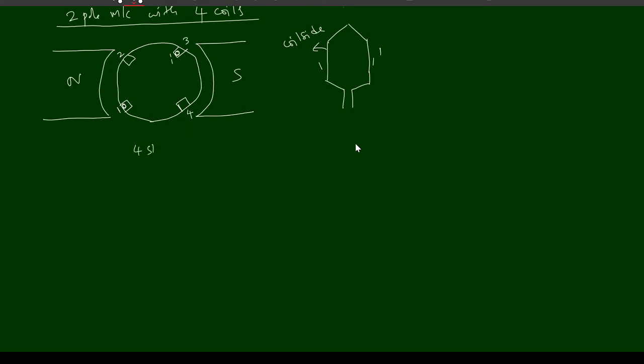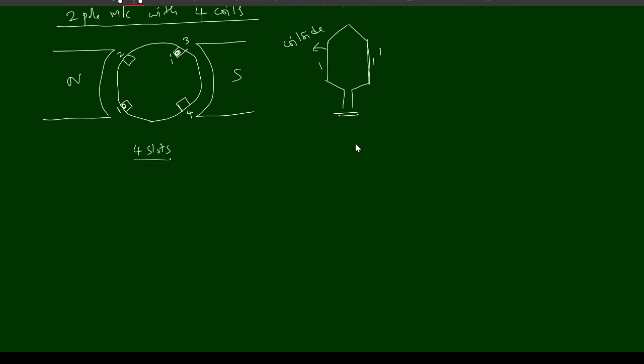So I am placing coil side 1 in the first slot, and 1 dash, the other side of this coil, is placed at the bottom of slot number 3.